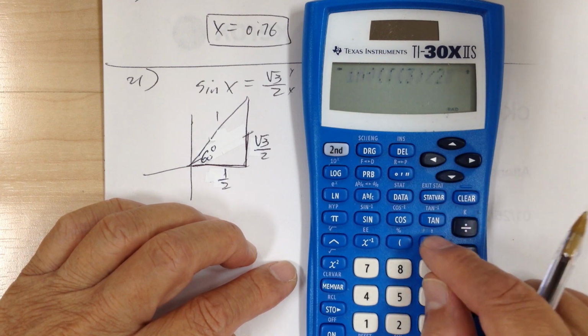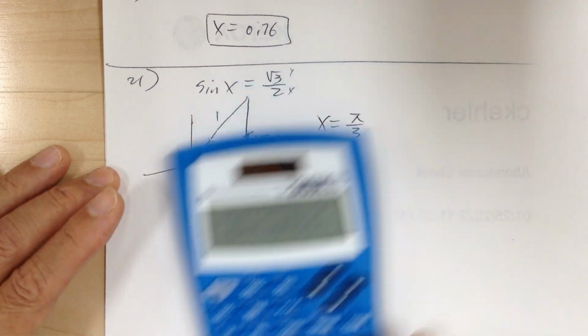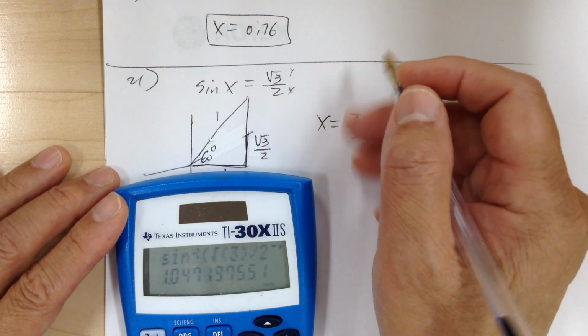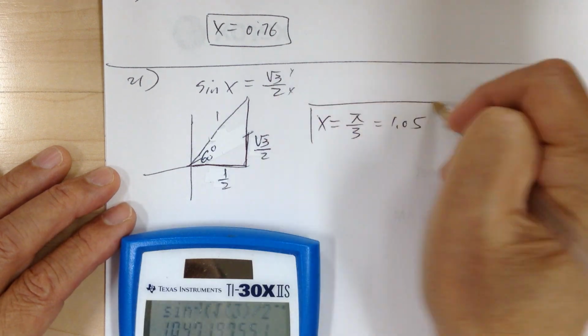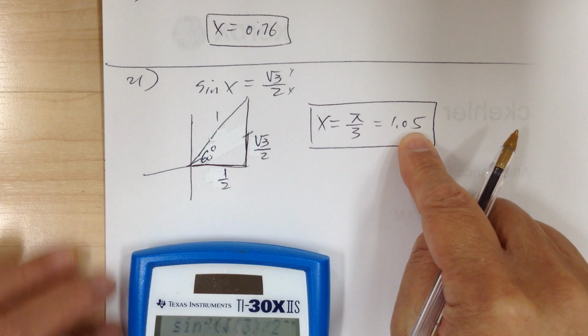You have to be very careful with a lot of parentheses. Push equal, and this will equal 1.05. So you can use either one. This is exact, and this one chops off the numbers.